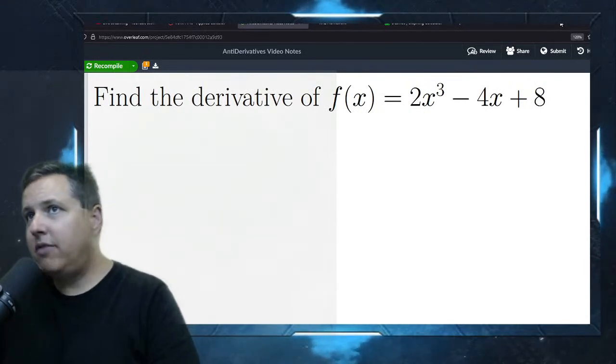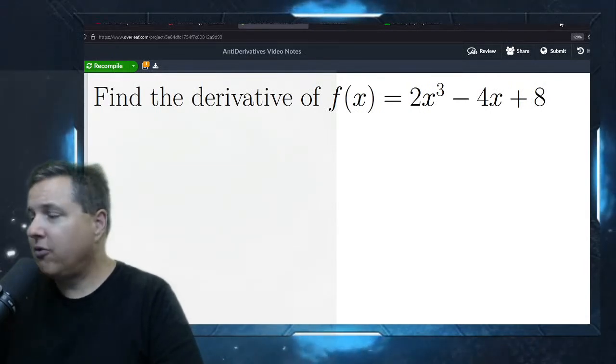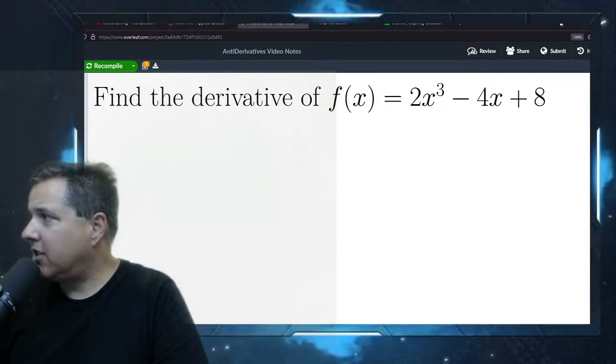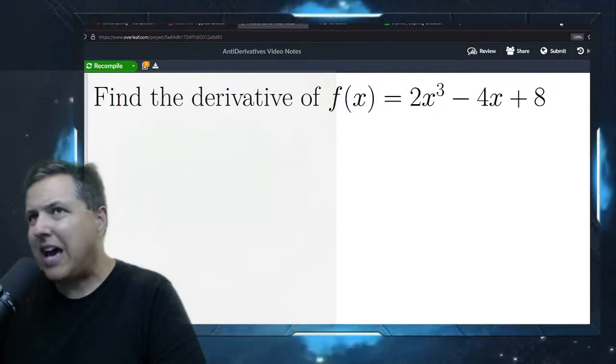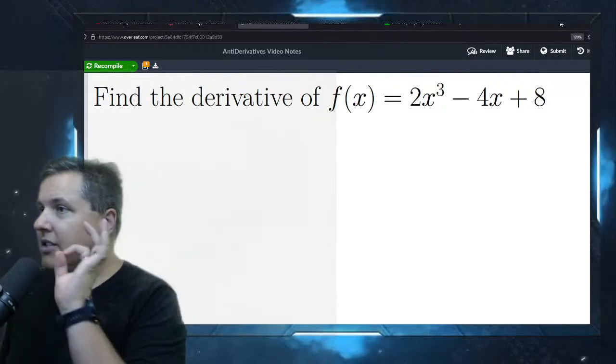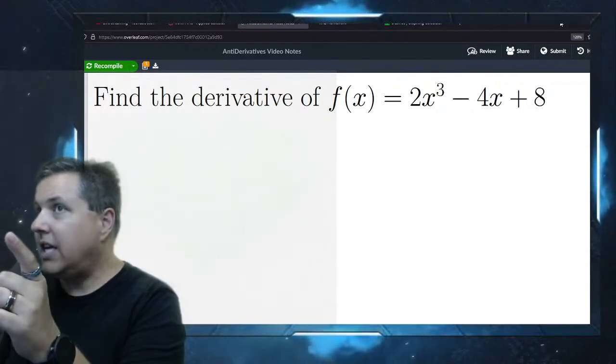Okay, find the derivative of f of x equals 2x cubed minus 4x plus 8. So hopefully everyone's looking at this and going, well, that's super easy. We already know how to do that, right? But that's the point, is that you know exactly what you're going to get, right?